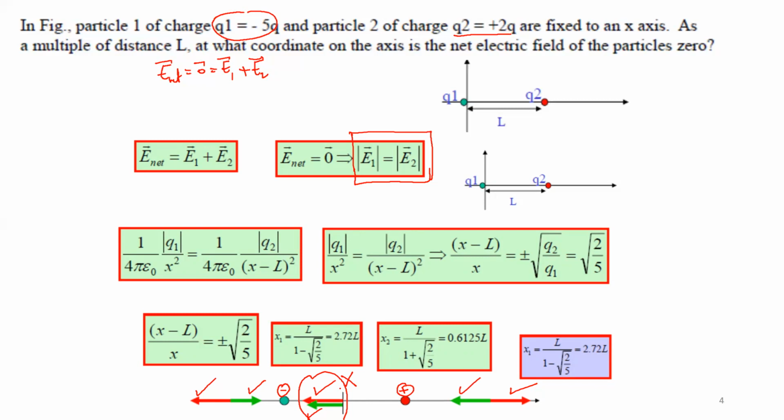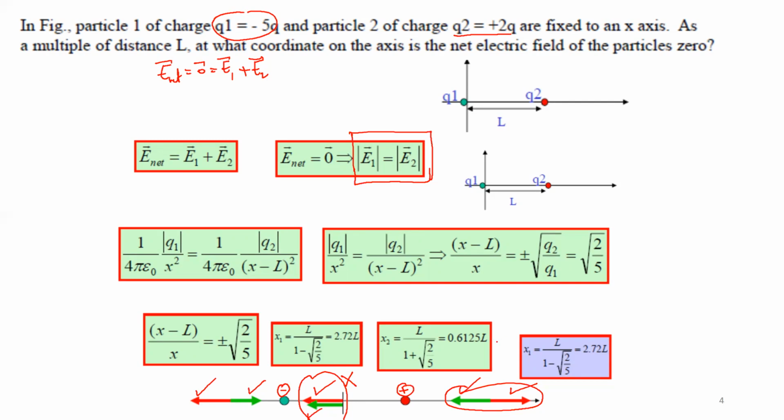Okay. So that one will be where? Will be here. Good. Because here, I cannot have a solution because this electric field in red, green will always be larger than the one in red.